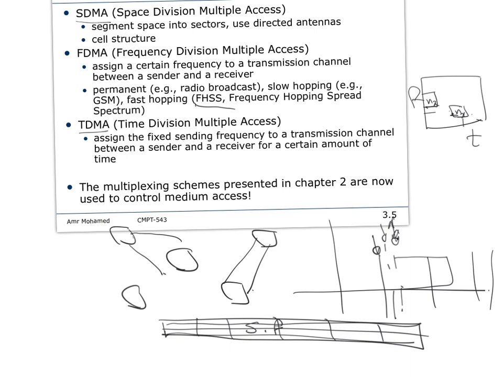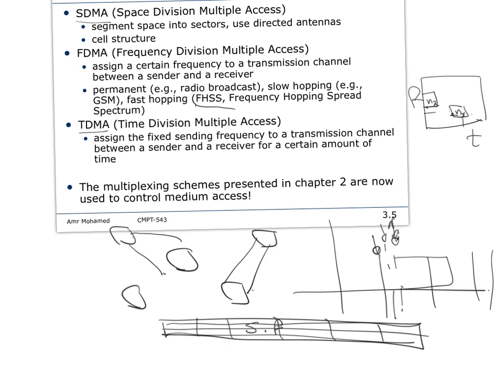Clear? How fast is the fast frequency hopping? Usually in the level of milliseconds. It has to be this fast. Usually the slow hopping is in the range of seconds. Usually the super frame is in the range of, for example, 500 milliseconds to 1 second. The super frame is relatively big, right?